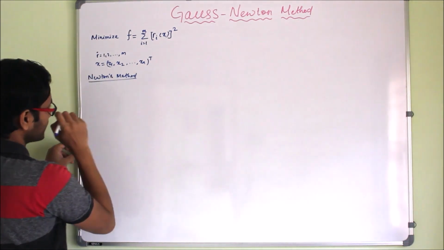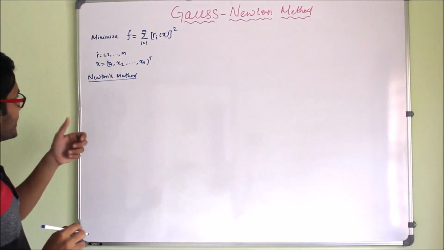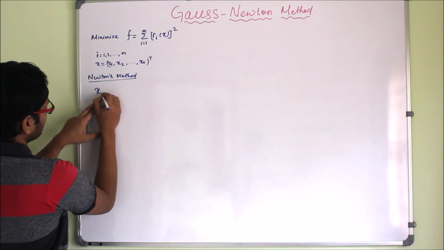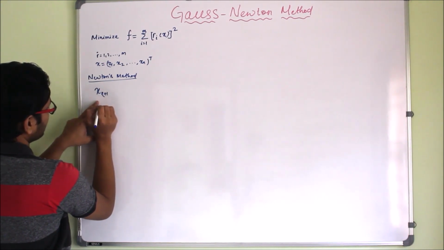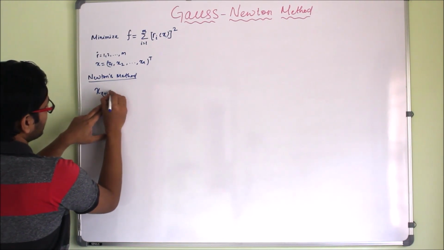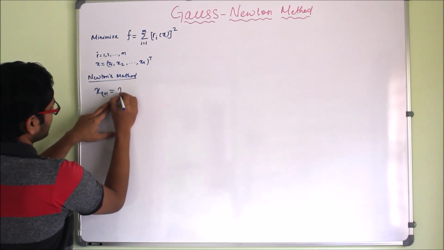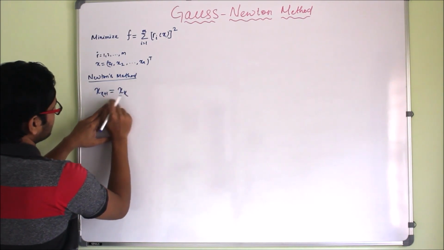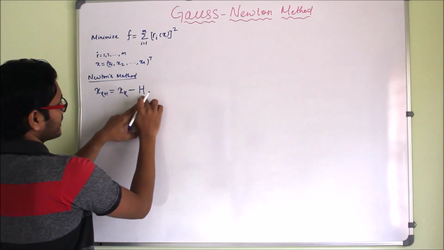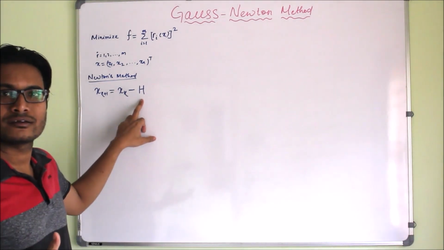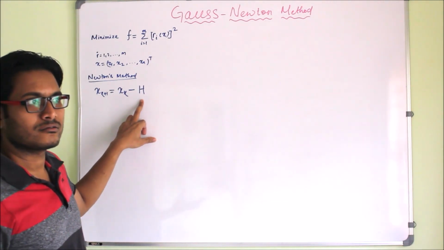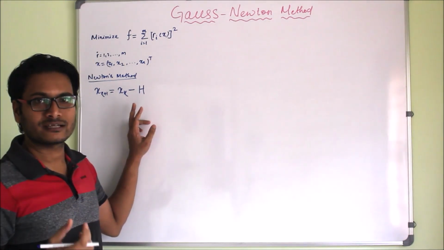For Newton's method, the next point we get will be x(k+1), which is equal to xk minus H, where H is the second partial derivative matrix, or what we call the Hessian matrix.